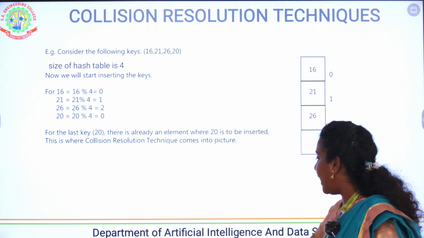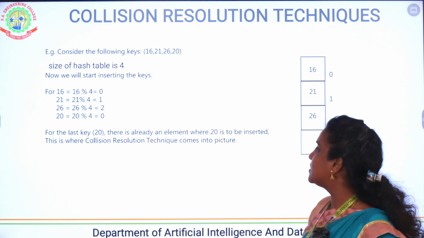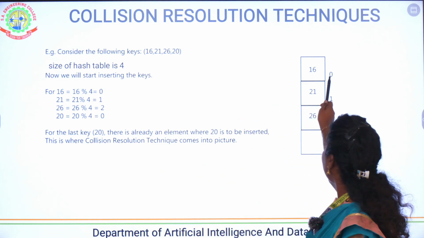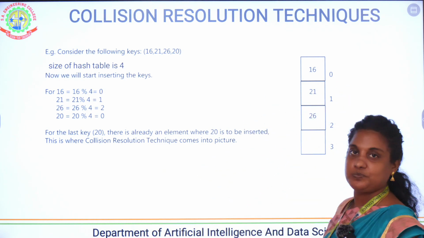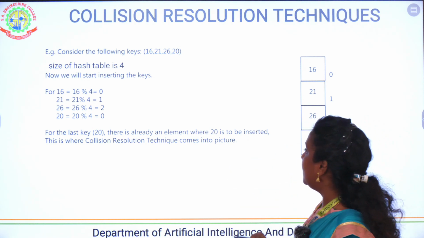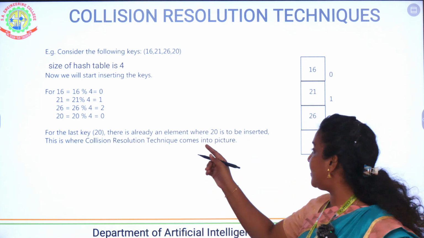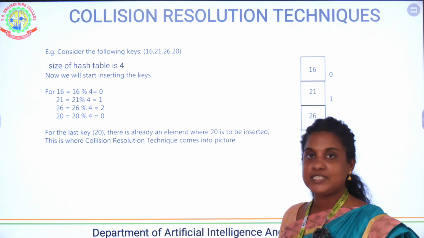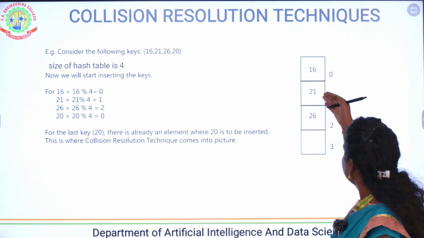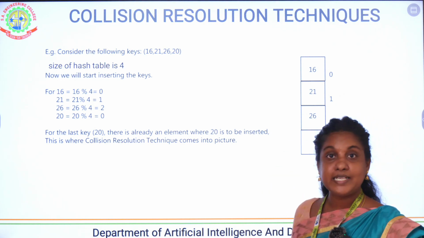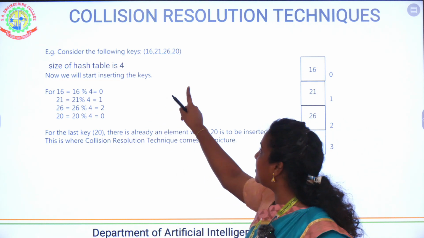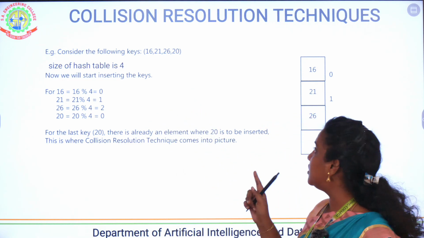This is where I can say collision. So 16 and 20 refer to the same position 0. But I want to store 20 also, because my data is 16, 21, 26, 20. I can accommodate 16, 21, 26 without any hindrance, but while storing 20, I have the collision problem.